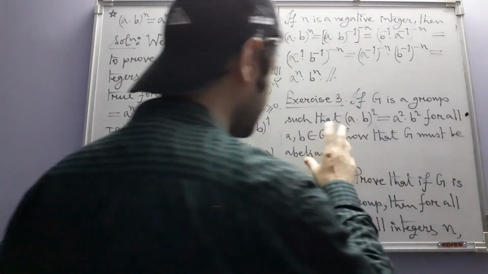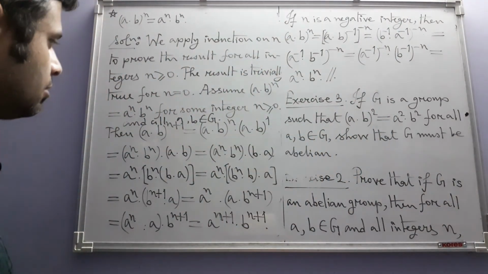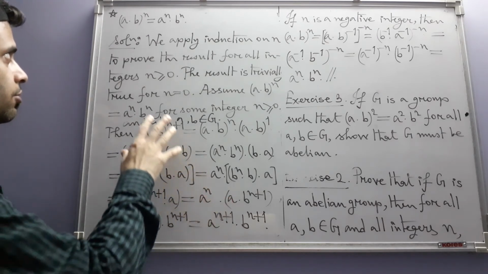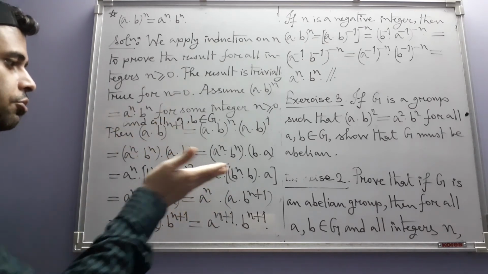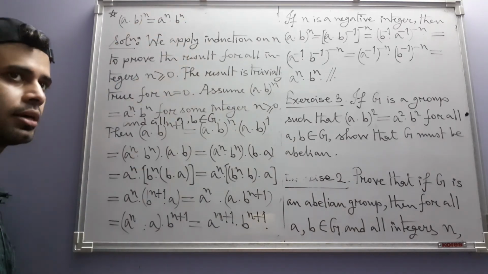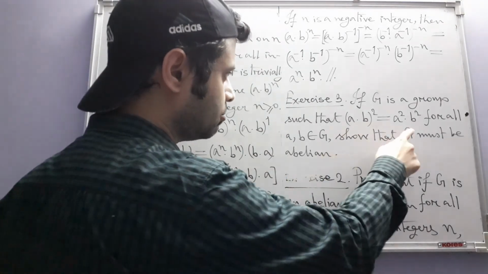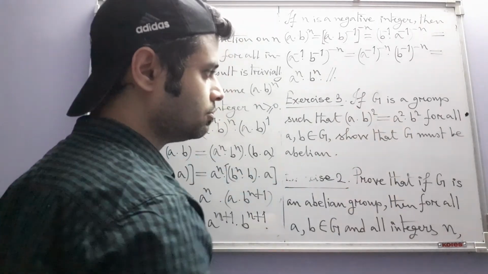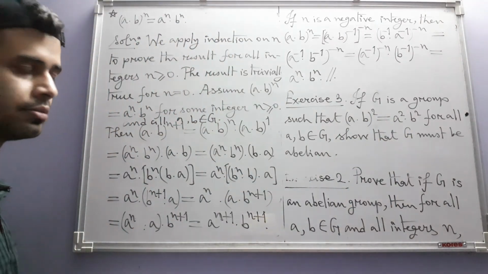You see that this is in a sense a sort of converse to this one. If the group is abelian, then this is true for all integers n. However, if it is true only for n equal to 2, then the group must be abelian.